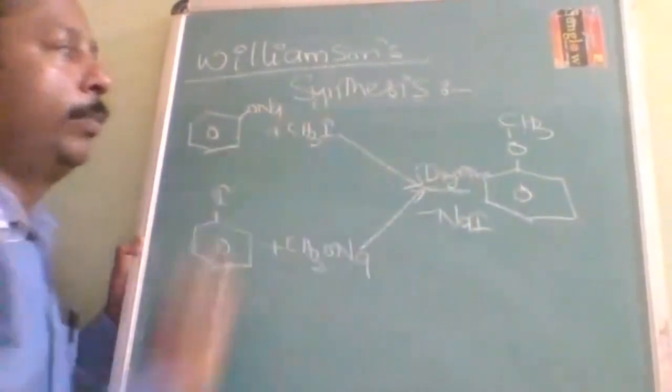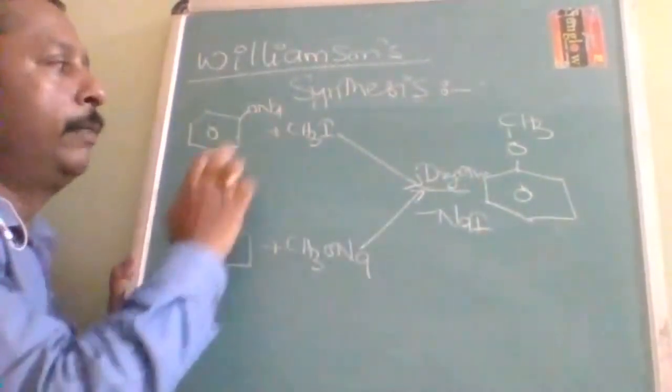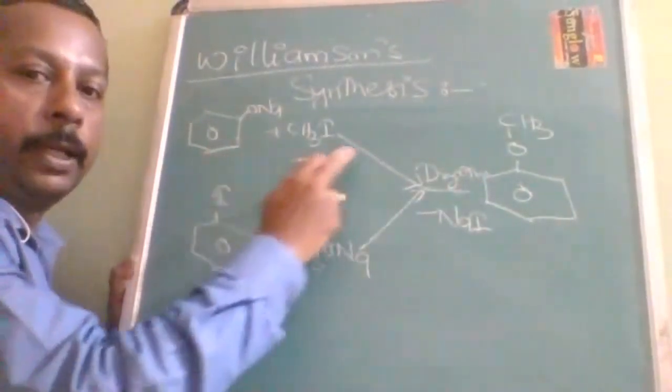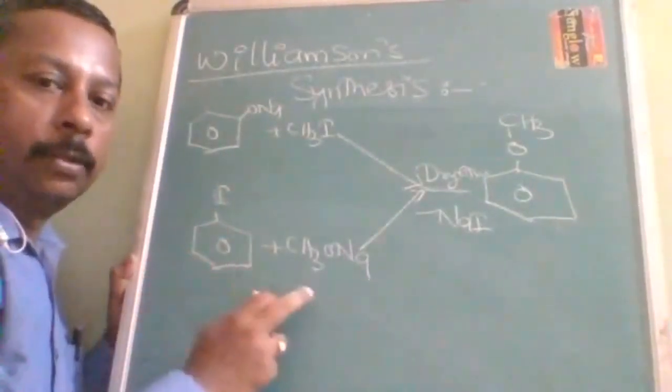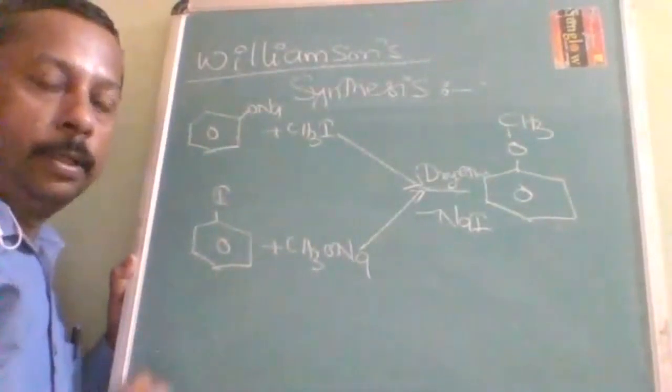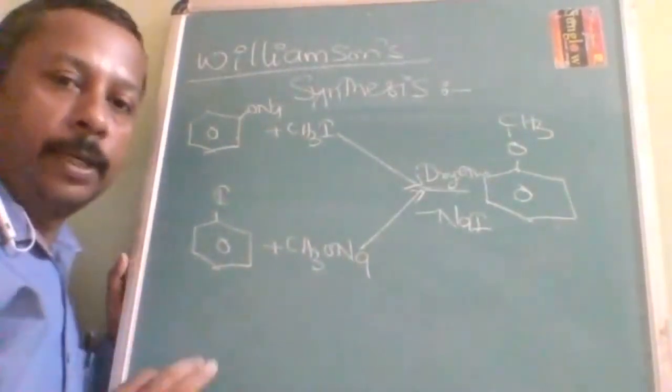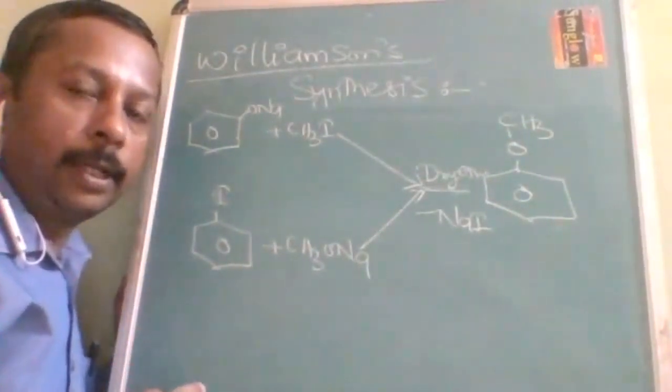So both appear to be very same. This is sodium phenoxide with methyl iodide, and here phenyl iodide with sodium methoxide. Both appear to be same, but one of them is not suitable.